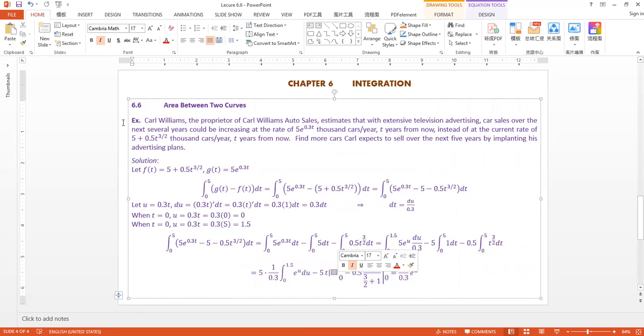Oh, I'm sorry. Evaluate this e to the u at 1.5 and 0 and subtract.